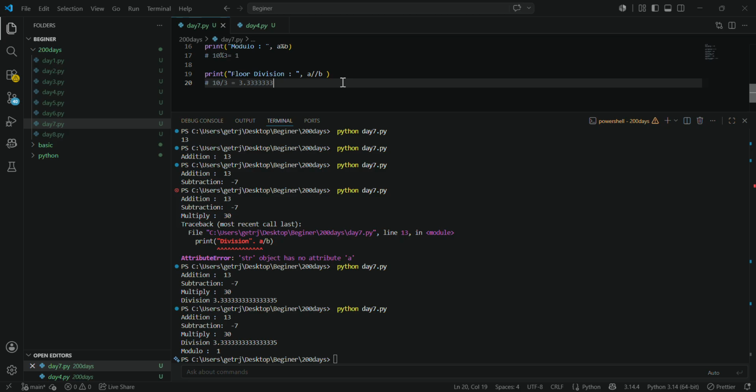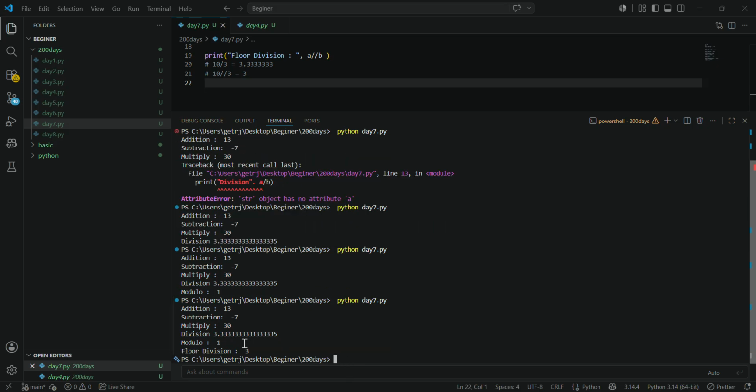When we use floor division, 10 floor division 3, it comes to 3 because floor division removes the decimal part. It represents only the whole part. So it comes to 3. Look at this, this is the 3. In a real world example, this is used when we want to complete groups, like how many full boxes we can make, this kind of thing.